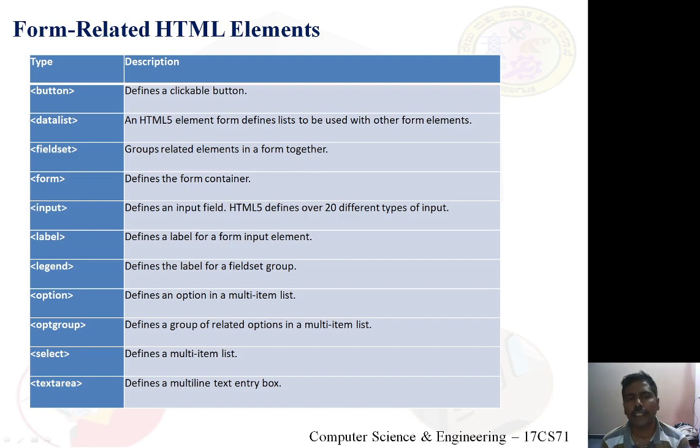Next is datalist. A datalist is a list that will be used with other form elements. Next is fieldset. Fieldset groups related elements in a form together.